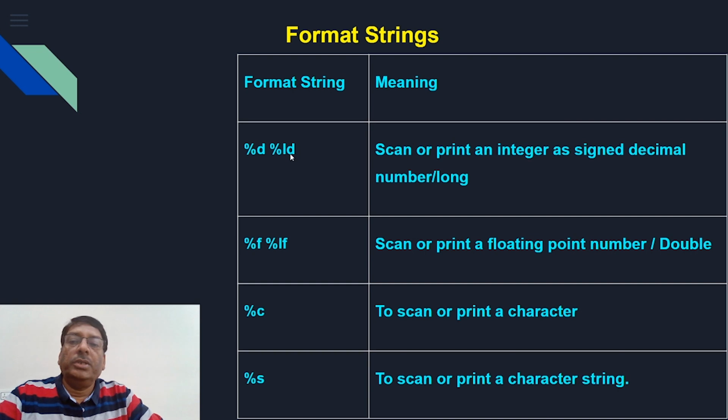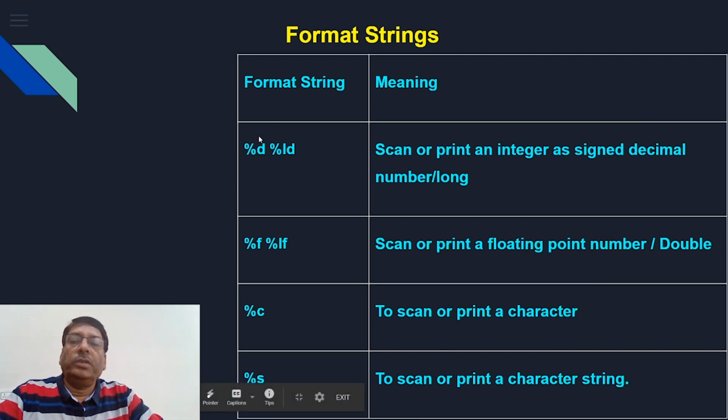Similarly, if I say %ld, it means I am going to accept a long value. In the same way, if I say %f, it is for float, %lf, it is for double. Similarly, if I want to accept a single character, I can make use of %c, and then if I want to accept group of characters in my scanf statement or a printf statement, I can make use of %s.